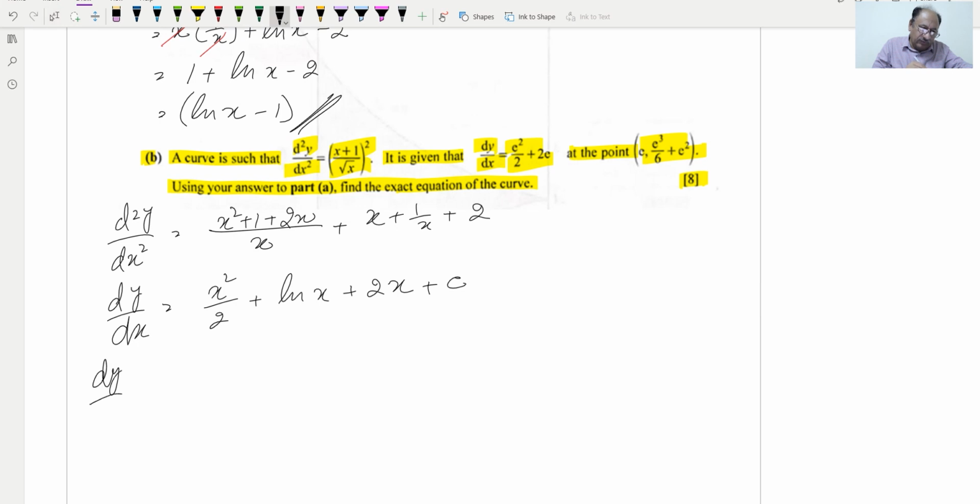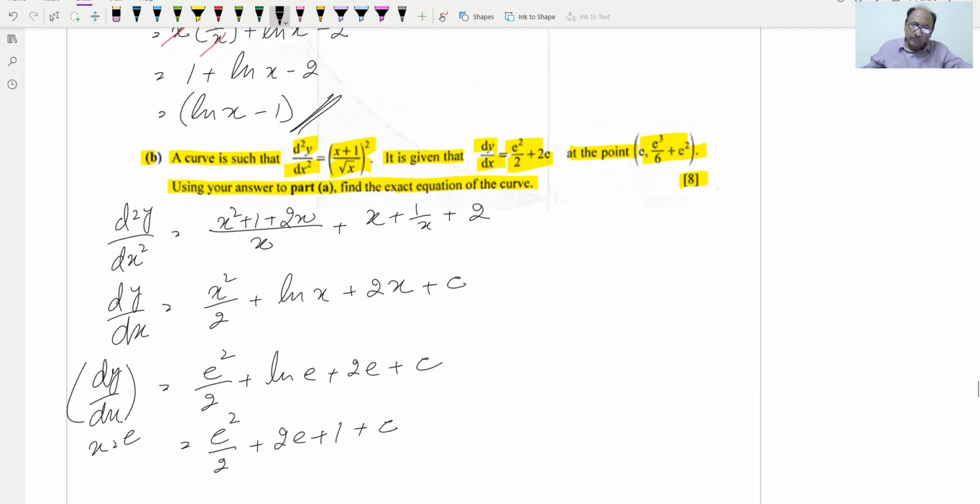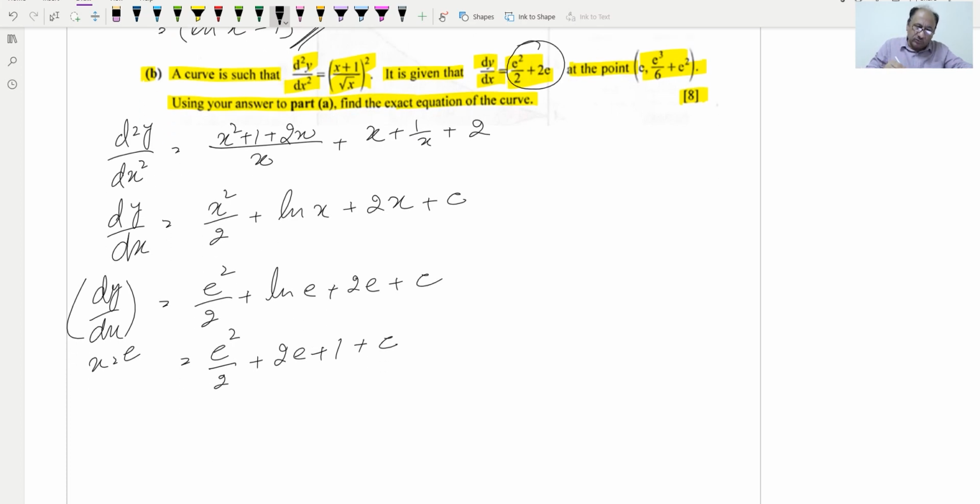At x is equal to E, it will be equal to E square by 2 plus log E, plus 2E plus C, and log E is 1, so we can rewrite it as E square by 2 plus 2E plus 1 plus C, and we know that this is equal to this one, so we can equate to E square by 2 plus 2E, and after cancellation this will be cancelled with this, and we can write 1 plus c is equal to 0.